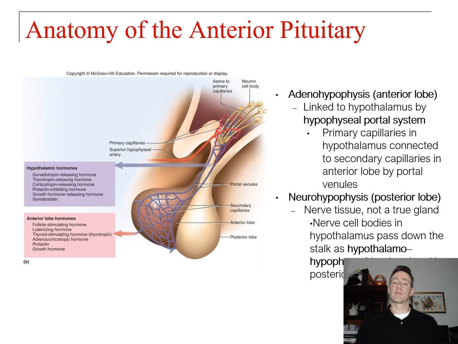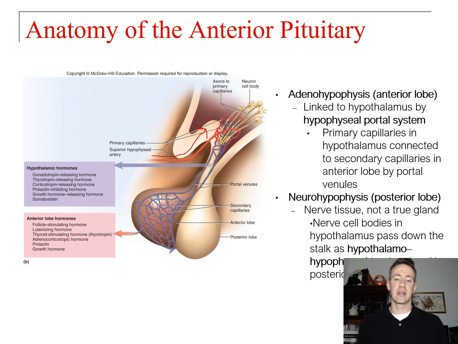So the way the nervous system then communicates with the anterior pituitary is actually via what we call a portal system. If you recall, a portal system is actually where you have two capillaries linked in a series. So here you can see that we have our main arterioles that lead to the capillaries in the hypothalamus. And then the hypothalamus, these cells here will actually secrete their product into the blood.